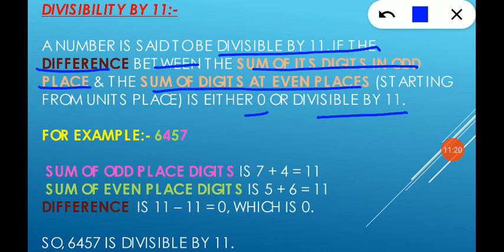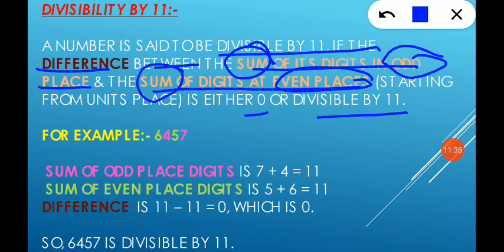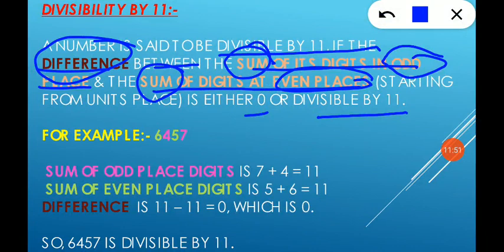First of all we have to find the digits which are at even places and digits which are at odd places, and then add them all, and whatever answer we get, we subtract. And if on subtraction we get 0 or a number which is divisible by 11, then the number is said to be divisible by 11.